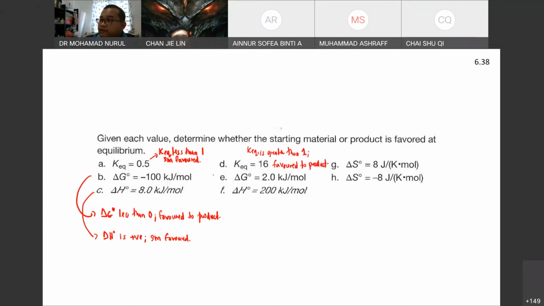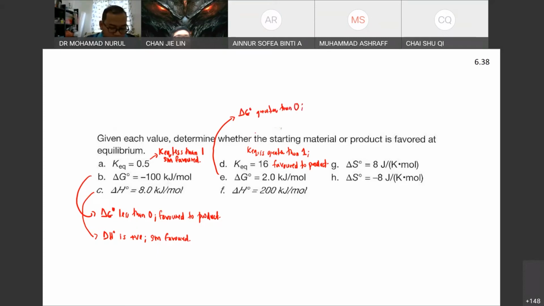Okay, so delta G. Delta G not greater than 0.